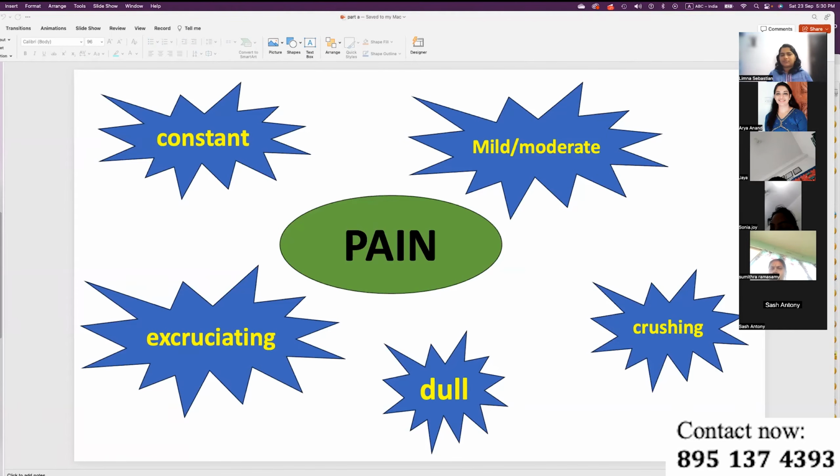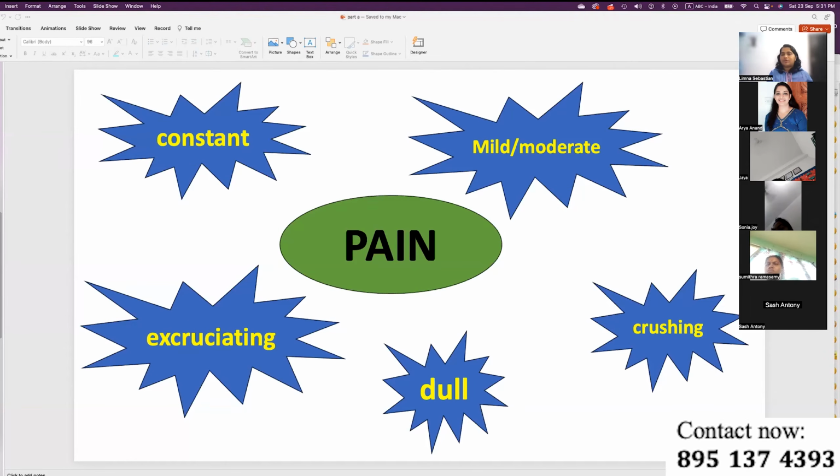Maybe the patient will say it's excruciating. Here the word used is constant. So just take a book, and on one page you should write like this. Under pain, write these words, and always stay familiar with them, because when you hear pain described as, you can expect any of these words.